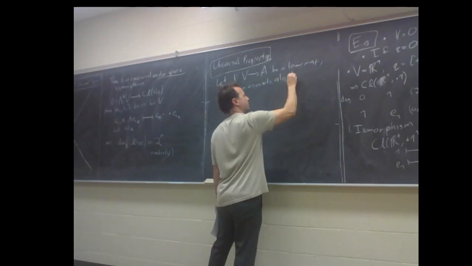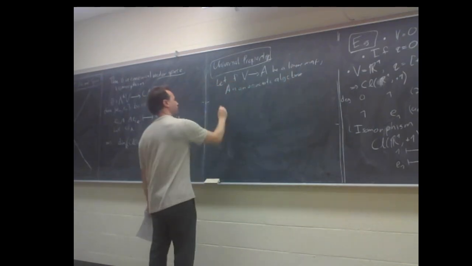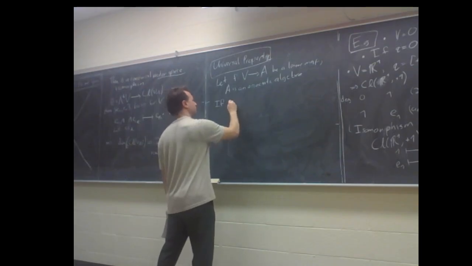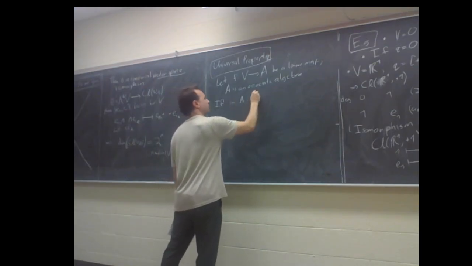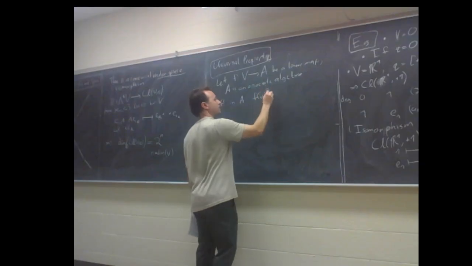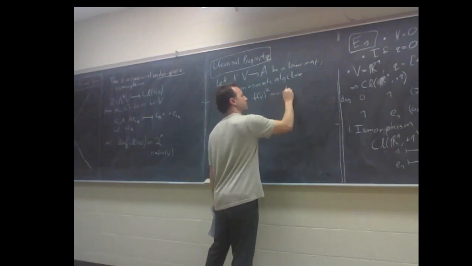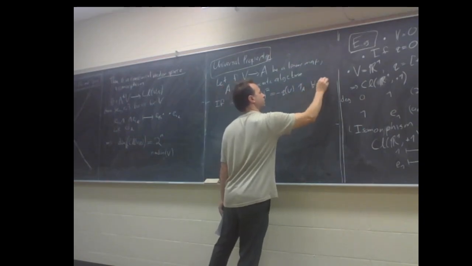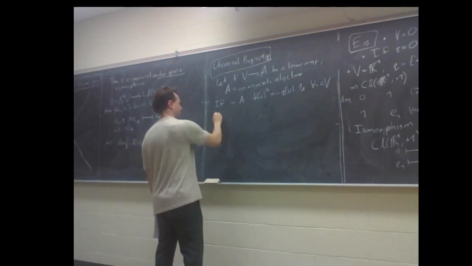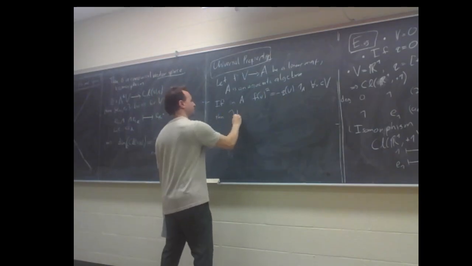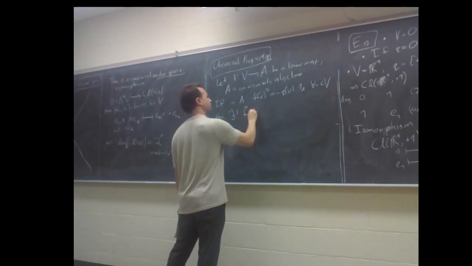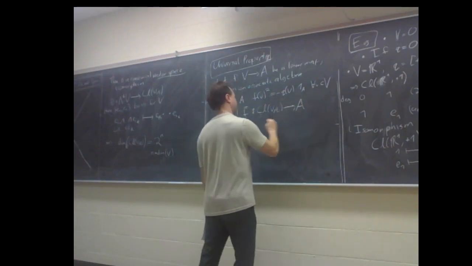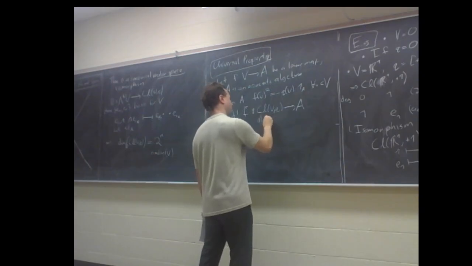If f satisfies some condition, namely that in A we have f of v squared equals minus Q(v) times the unit in A for all v in V, then there's a unique algebra homomorphism from the Clifford algebra of (V,Q) to A. So this is an algebra homomorphism now.